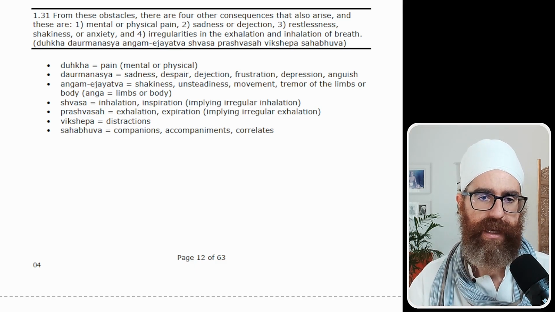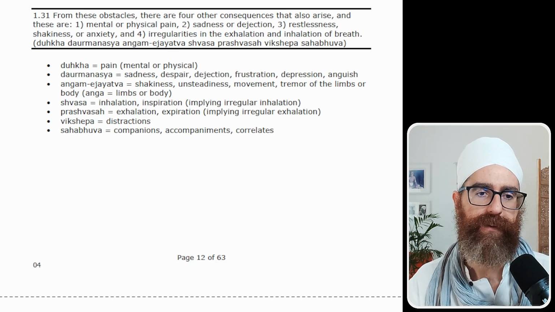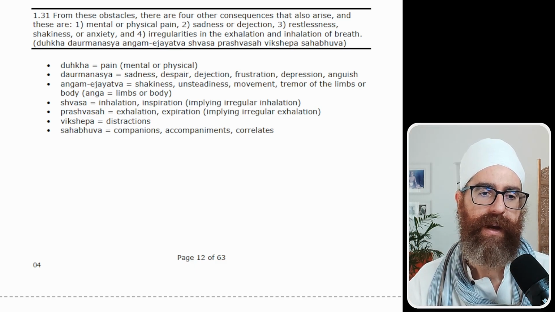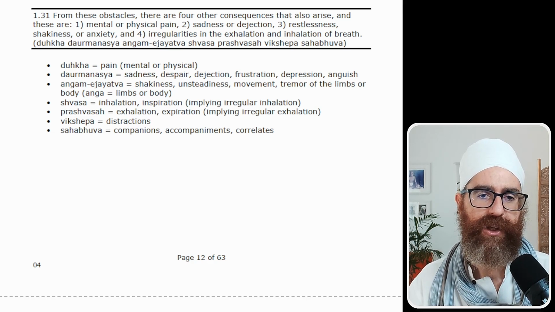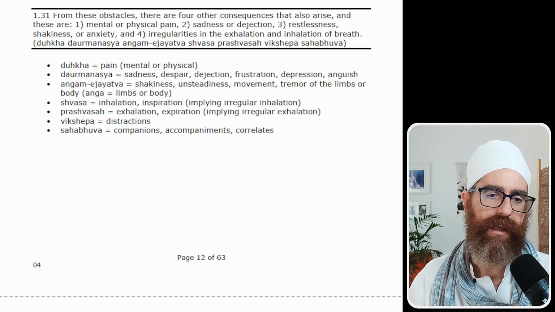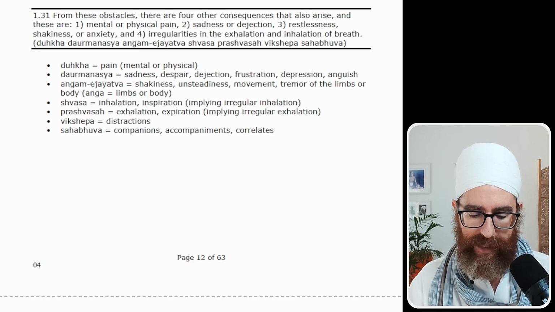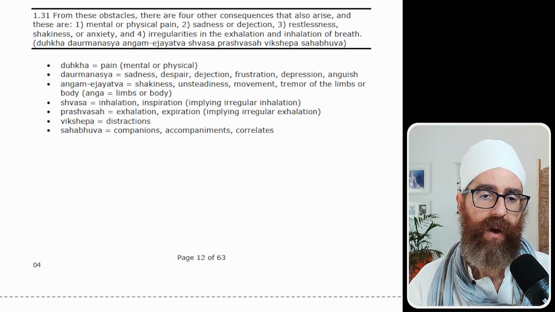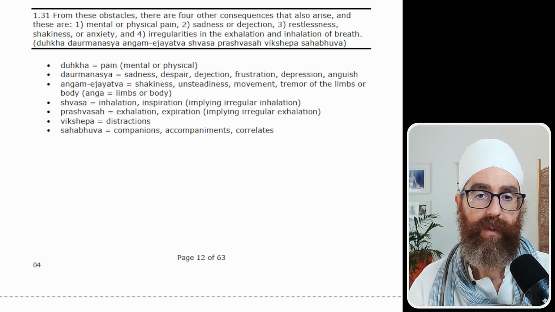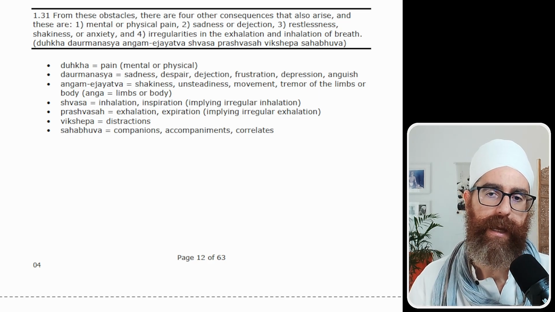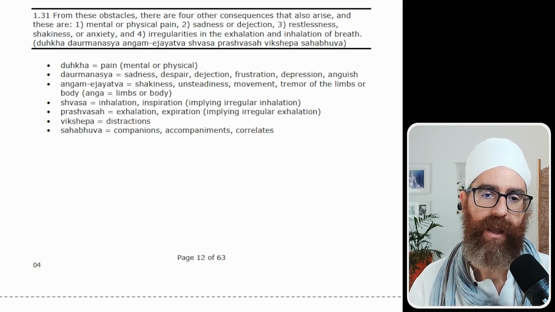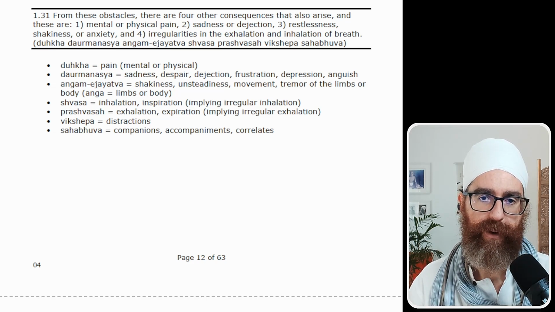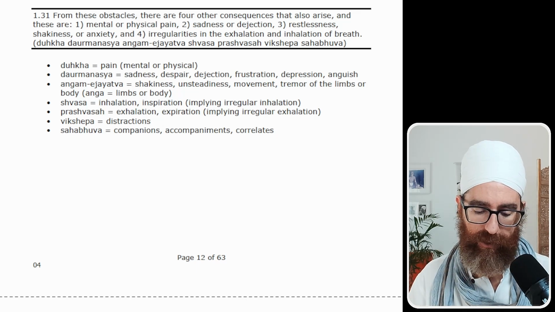So being nervous. And shvasa prashvasa, that's the inhalation and exhalation. Vikshepa is distraction, but what it means is more like a disturbance of the inhale and the exhale, implying irregular breath. That's the translation we have from Swami Ganeshananda, in the text on the screen.